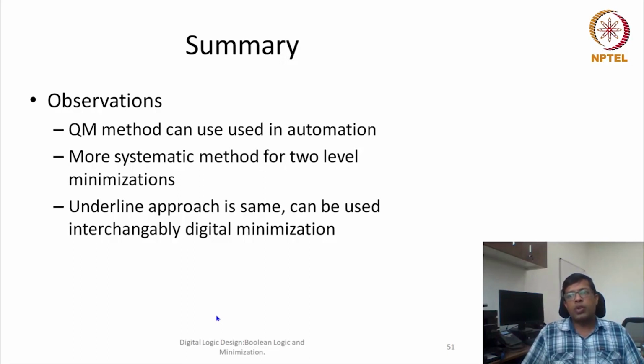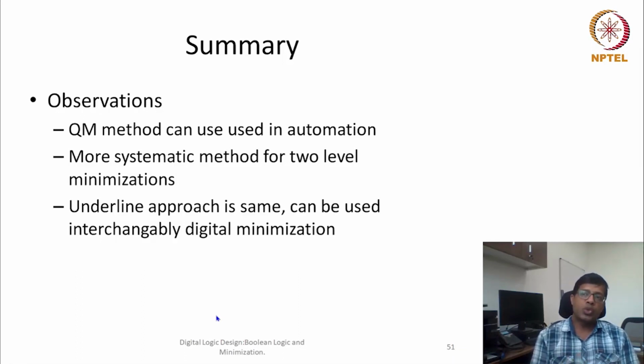Another summary from the previous 2-3 lectures is that the underlying method for minimization is essentially the same. Similar combination theorems were used when we were using Boolean algebra, and similar theorems were used when we were finding implicants or minimizing using K-maps.